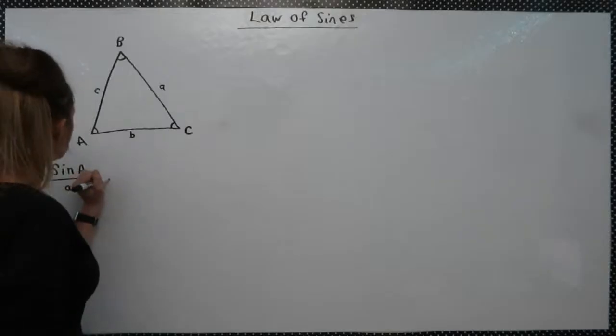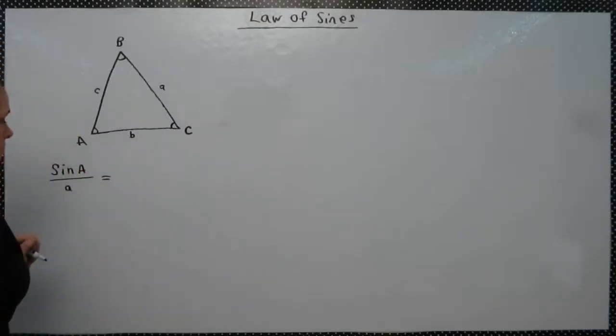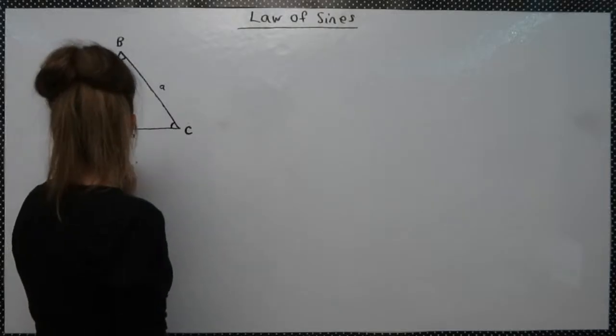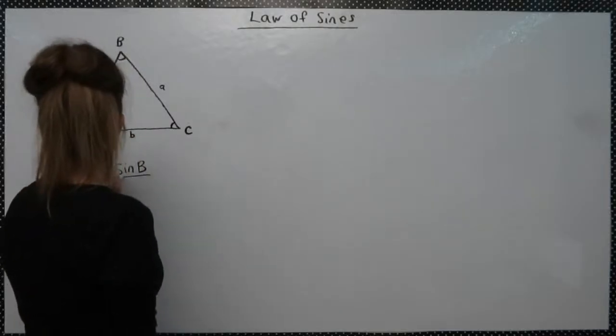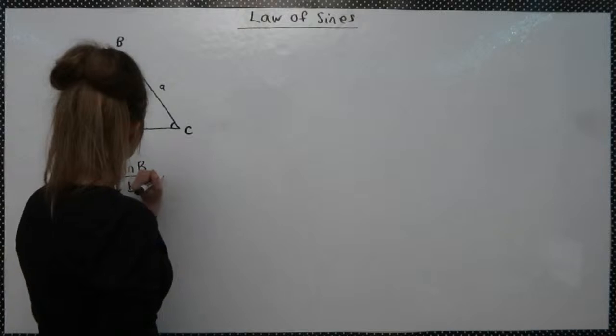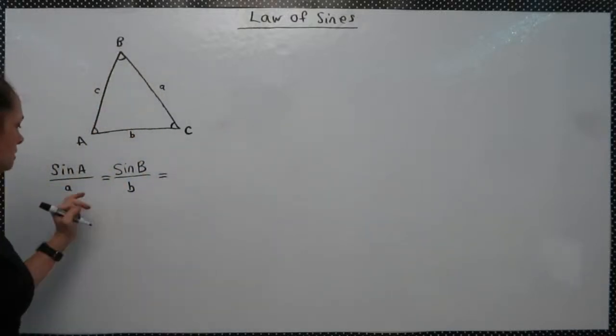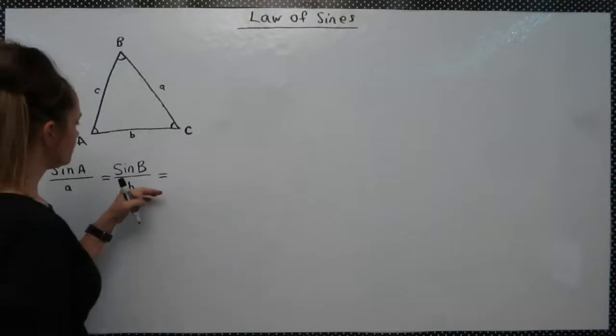So sine A over side a equals sine B over side b. What they're doing is establishing a relationship between these two.